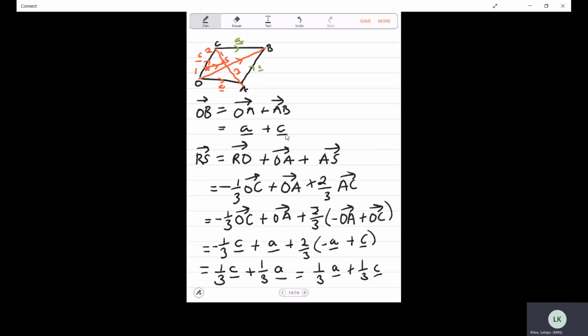OB is just A plus C, and RS is a third A plus a third C. So I can factor the third out. So this is a third of A plus C, and this is a third of OB.